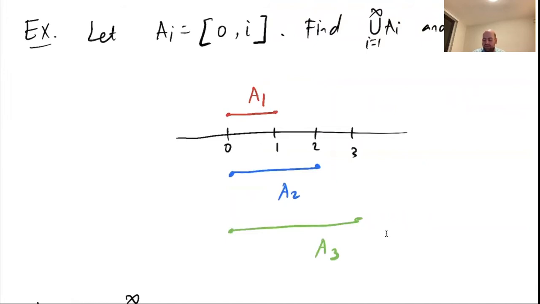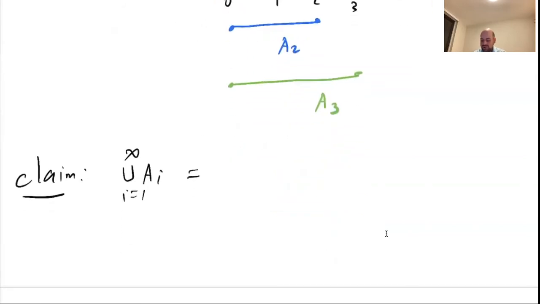If I had only 3 of them, 0 to 1, union 0 to 2, union 0 to 3, the answer is obviously 0 to 3. If I take 4 of them, then 0 to 4. 5 of them, 0 to 5. If you continue this all the way to infinity, the answer is going to be 0 to infinity, the set of all non-negative numbers.